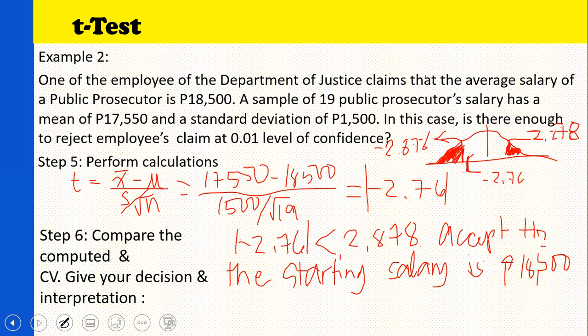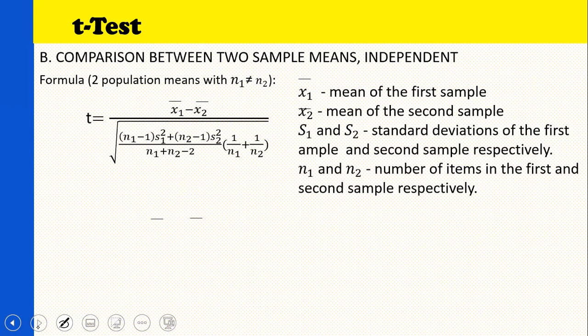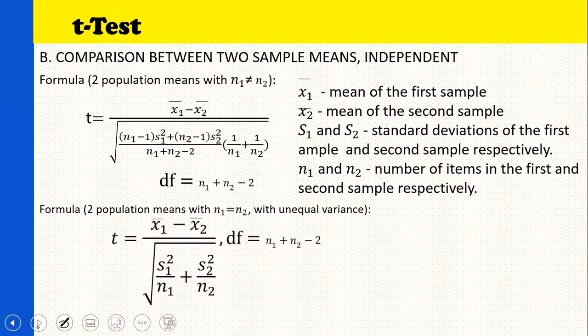So we now move forward to the second type of t-test, which is the comparison between two sample means, independent. So we have the following formula, which is for the two population means when the samples are not equal, so we will be using the first formula. And for the second formula, we have the t with equal samples and unequal variances, so we will be using the second formula.